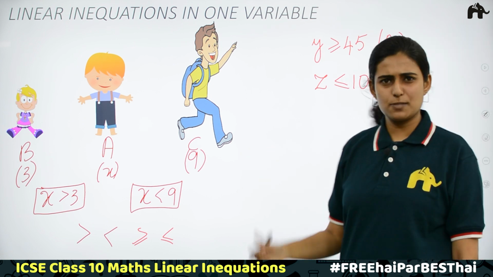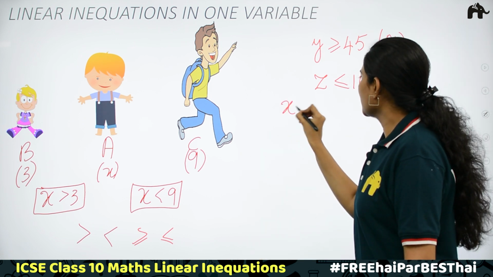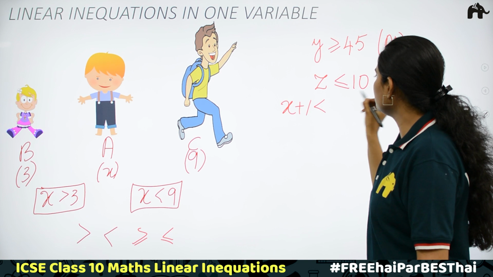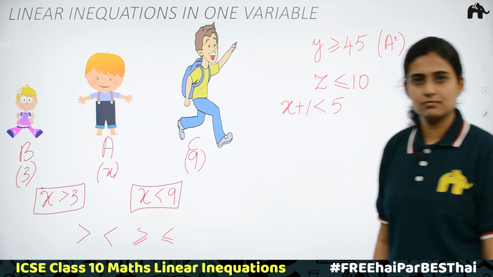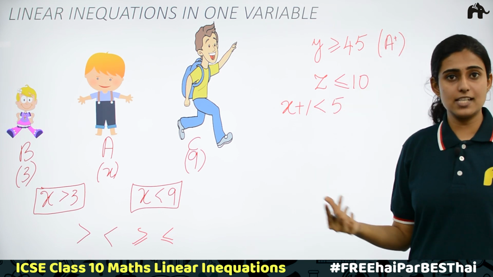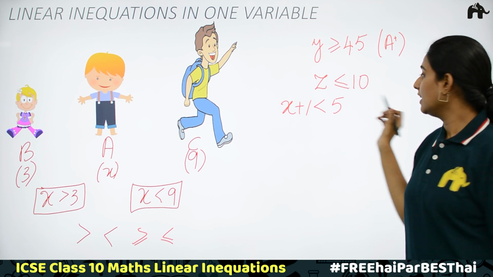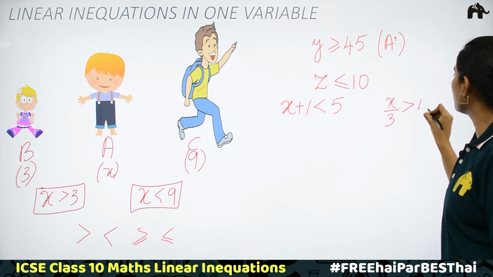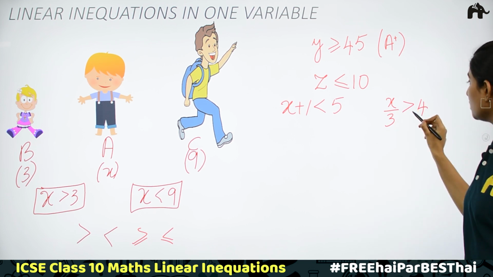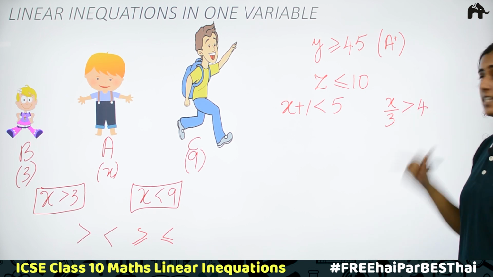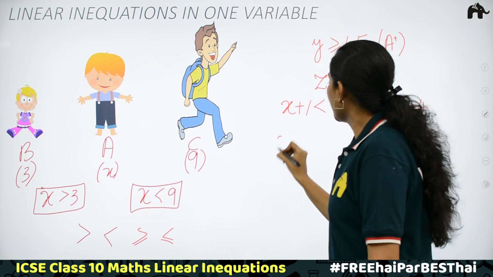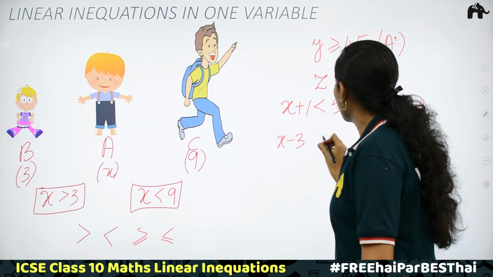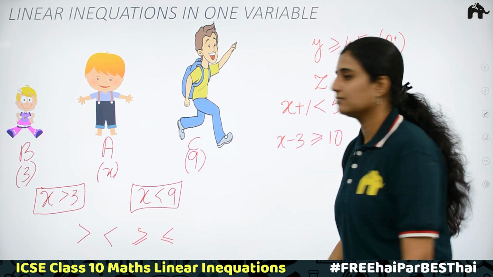Now let's write some expressions, like for example, x plus 1 less than 5. Here the inequality that I used is less than. This is an inequation. Then x by 3 greater than 4. Inequality used is greater than. This is an inequation. Then x minus 3 greater than or equal to 10.